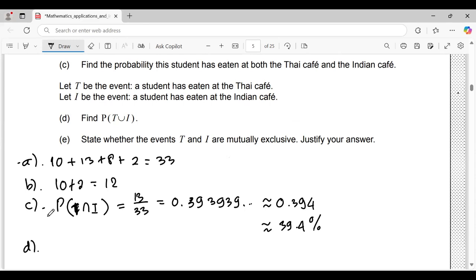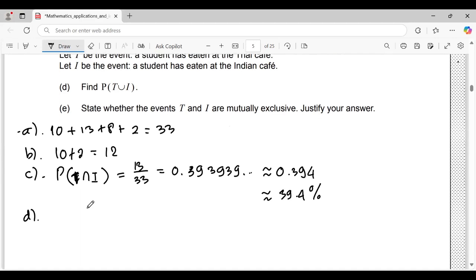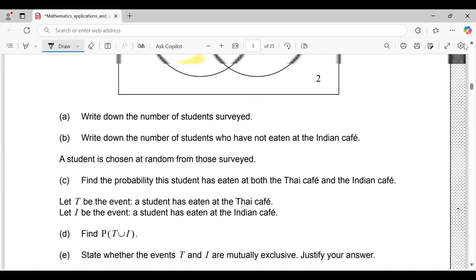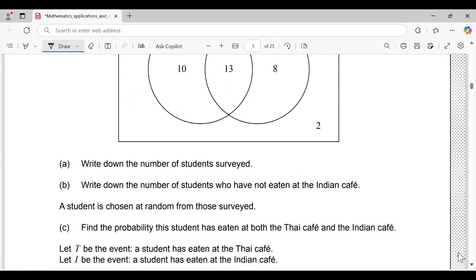Part D. Let T be the event a student has eaten at the Thai cafe. Let I be the event a student has eaten at the Indian cafe. Find probability T union I. Probability T union I is, we have to calculate first T union I. T union I is 10 plus 13 plus 8, 31.